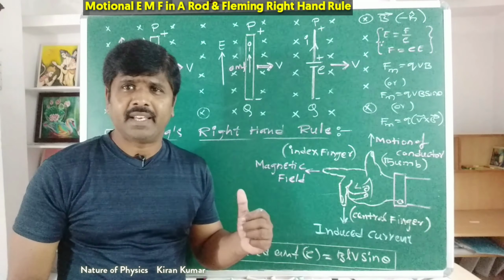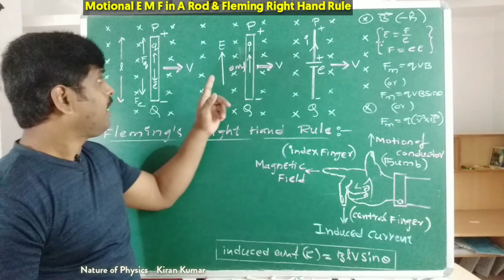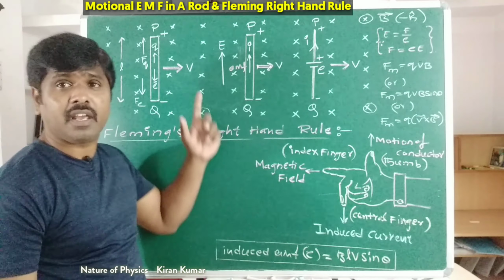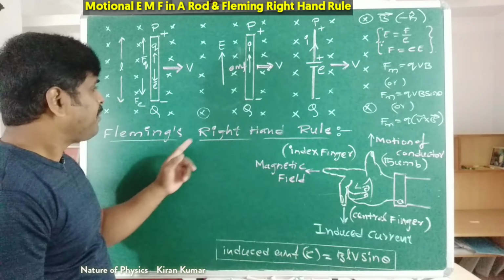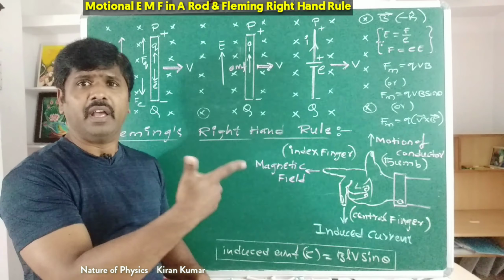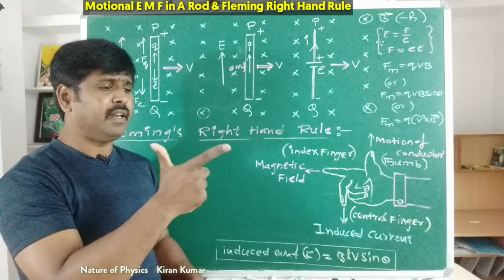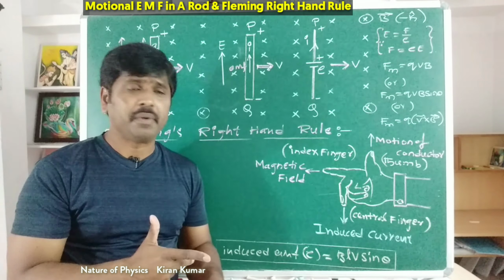Now the last one: induced EMF is developed in the conductor, that is a rod moving with a velocity v in a uniform magnetic field. According to Fleming's right hand rule, stretch your right hand fingers, thumb, index finger and middle finger, mutually perpendicular to each other.